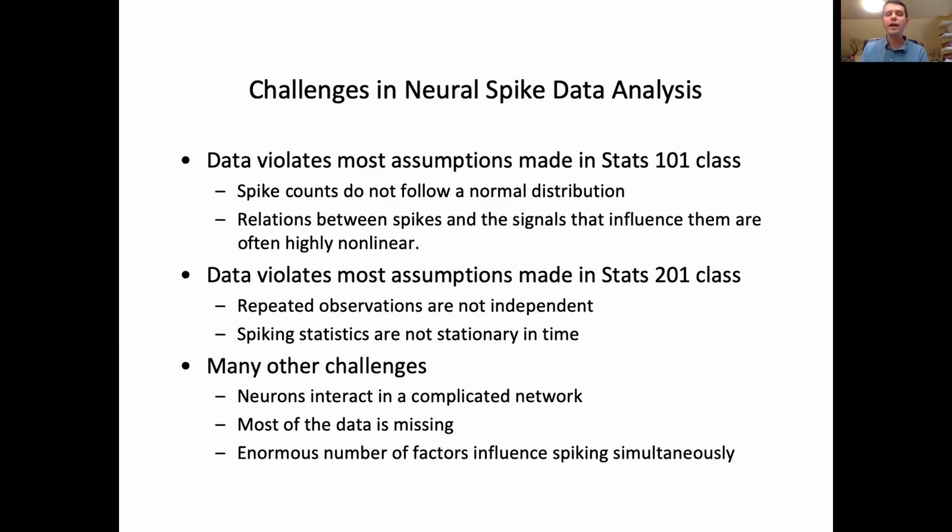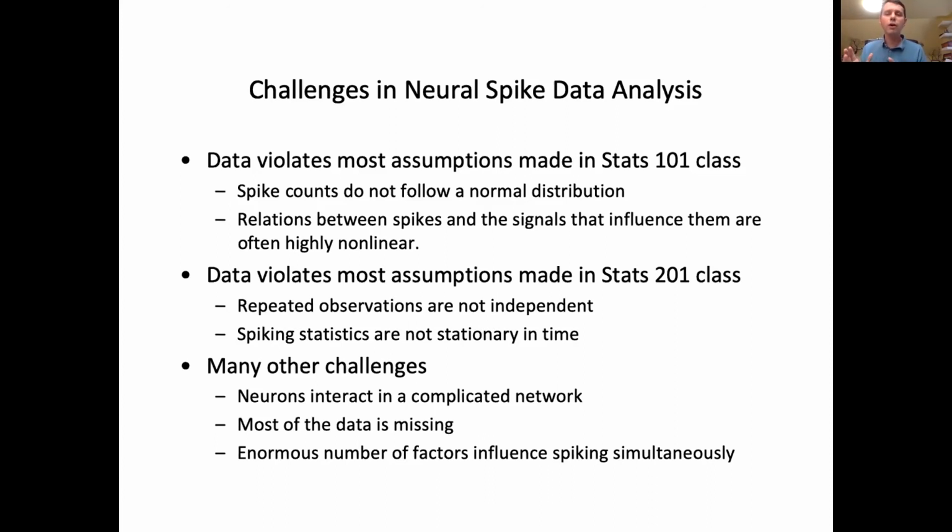And so the kind of stats 101 assumption that your data comes from a normal distribution is almost always wrong. And even beyond that, the assumption that you have linear relationships between the things that are predicting and the things that you're using them to predict, those are almost never linear.